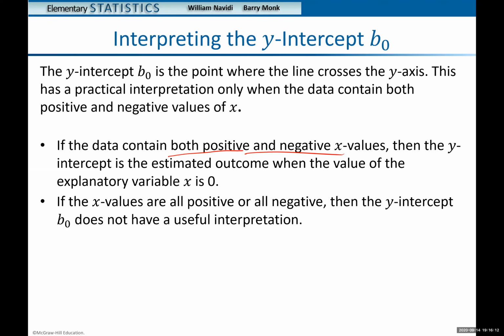Is it possible to interpret the y-intercept? No. Why not? Because all the values are positive. Yes. Because your x values are all positive. If they're all positive or all negative, then the y-intercept does not have a useful interpretation. So the answer for letter B is no.